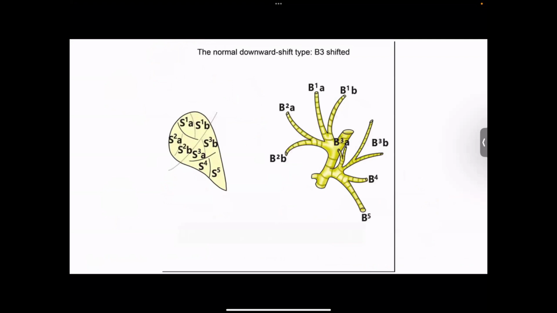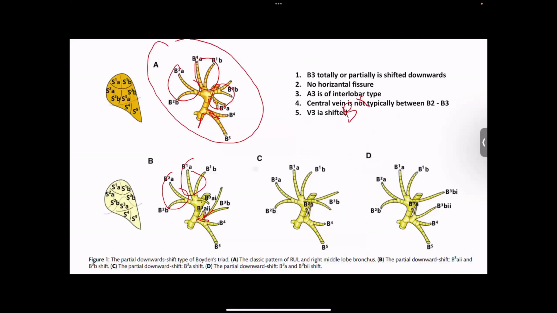We can see this is the B1, this is the right upper lobe bronchus. B1 is B1A and B1B, B2A and B2B, but this is the middle lobe bronchus, which has the B4 and B5. Along with that, it also has the B3 segmental bronchus. This is called Boyden's triad, and we must be careful about this during surgery. Why? Because B3 is totally or partially shifted downwards.